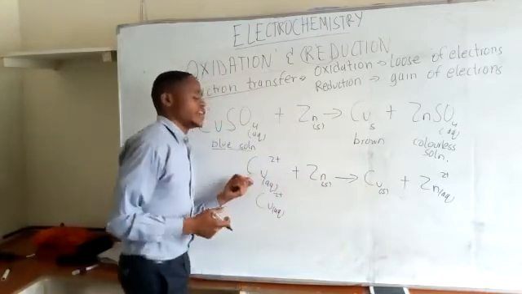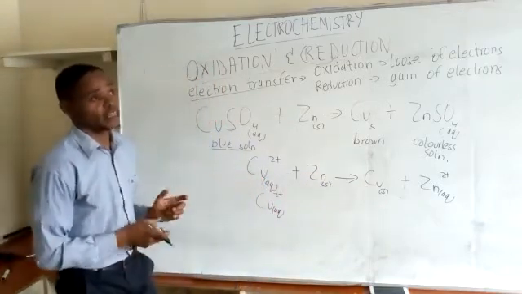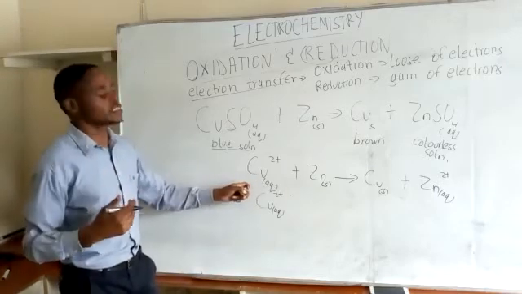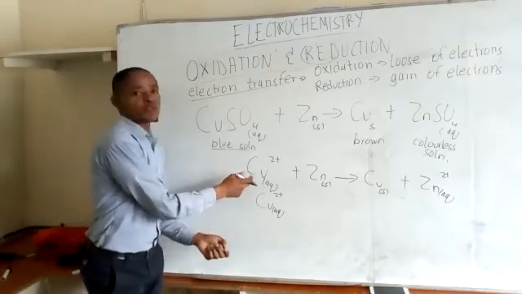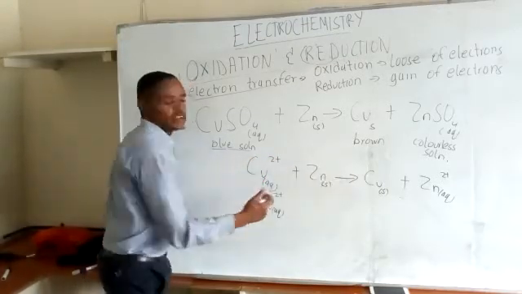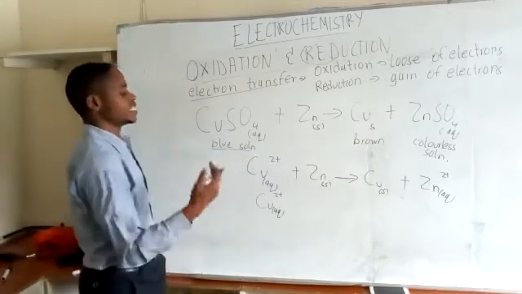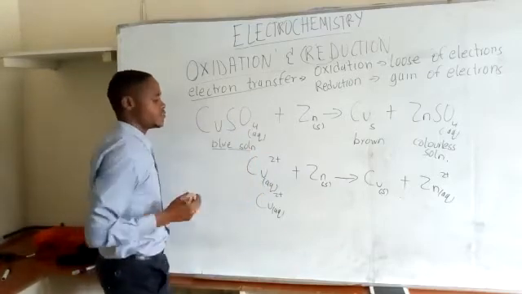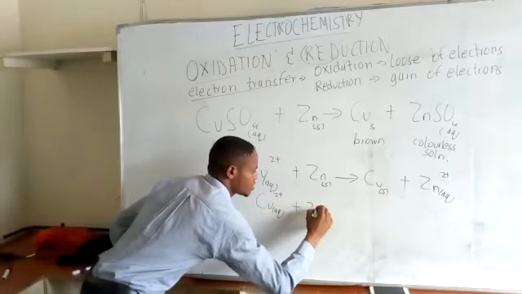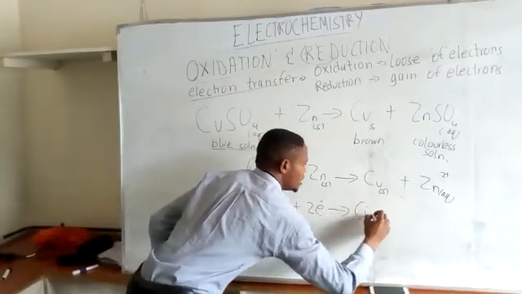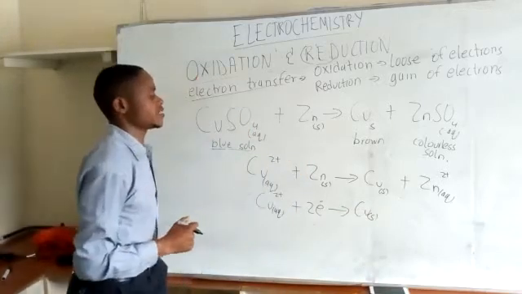This is an ion, and because this is a metal, it means it had lost electrons. That's why it is in aqueous state. So in order for it to get here, we must return the electrons that it had lost or used in sharing to form the copper sulfate. So we add 2 electrons, and once we do that, we form copper solid. So that's the first one.